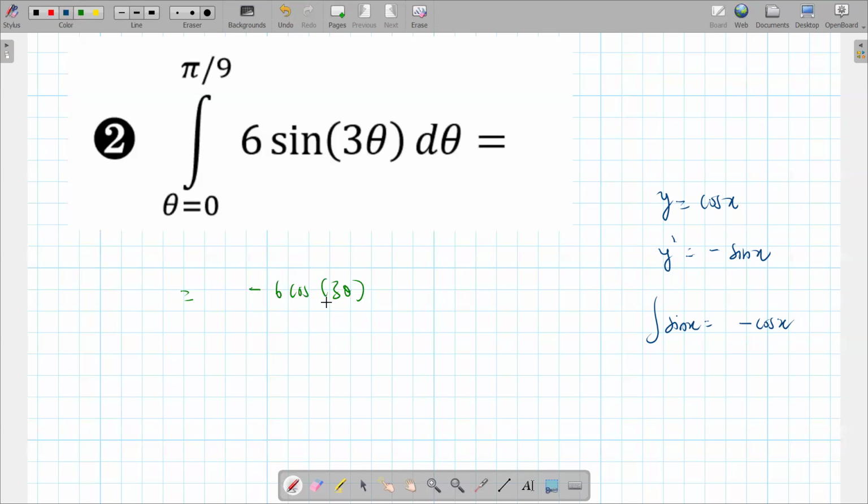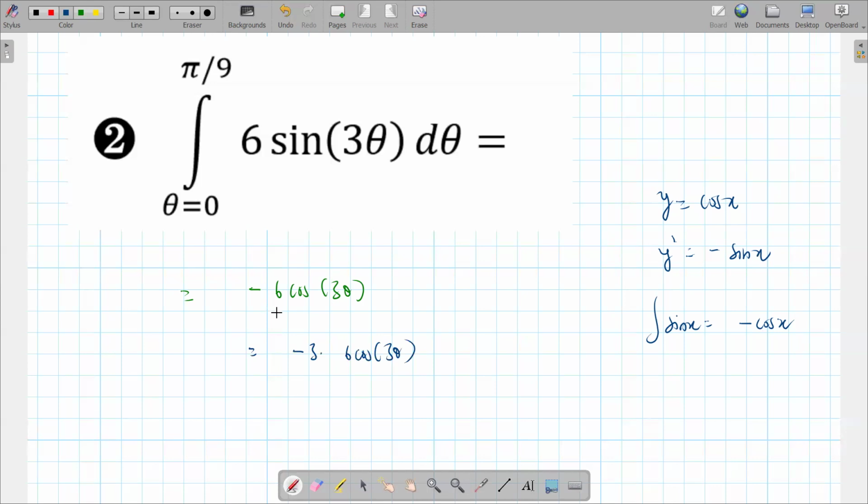If you were to take the derivative of this as it is, you would get negative 3 times 6 cosine 3 theta. The 3 would come out.